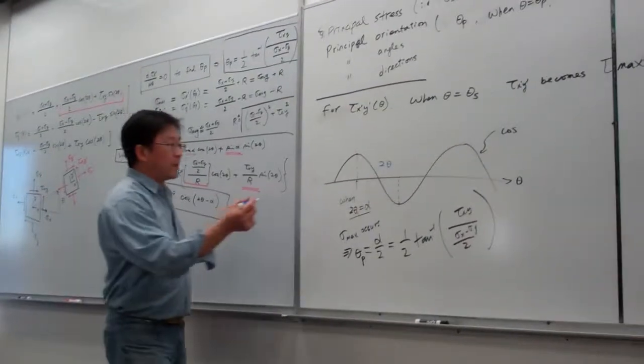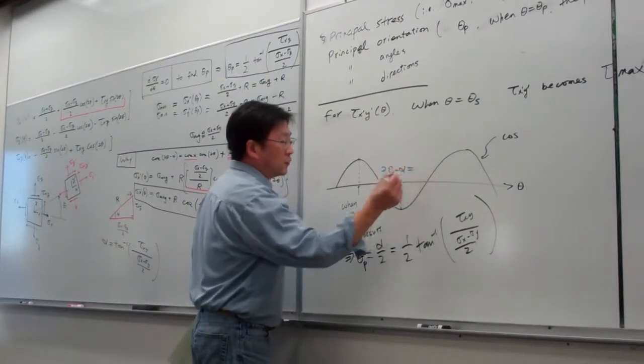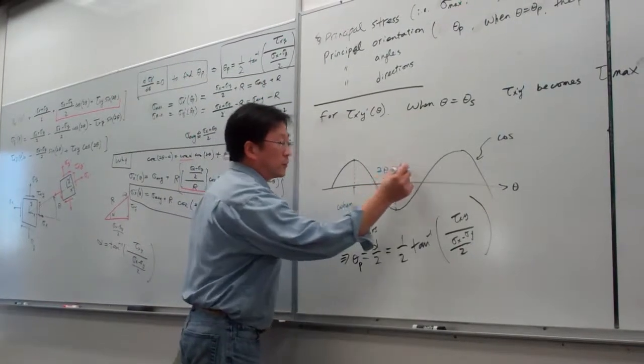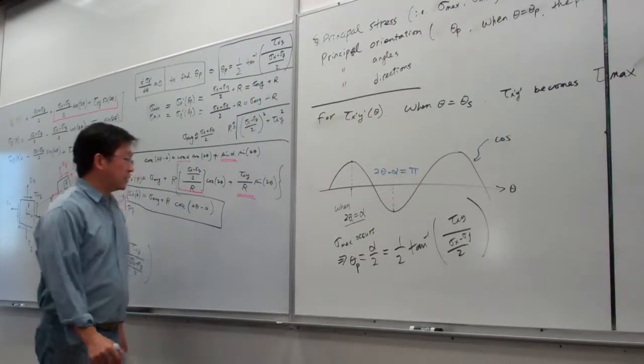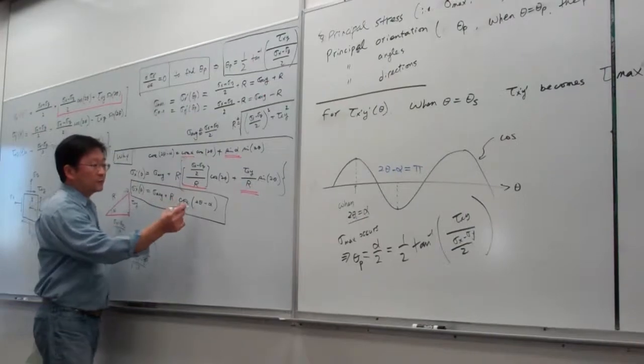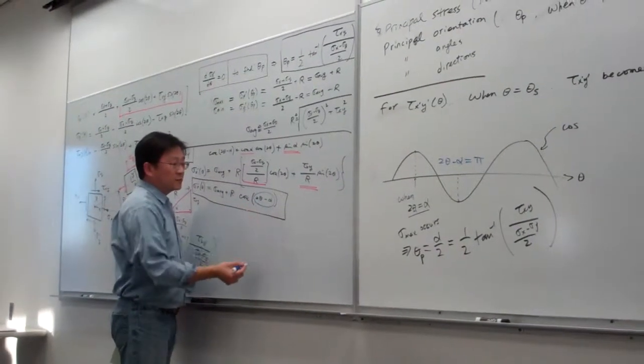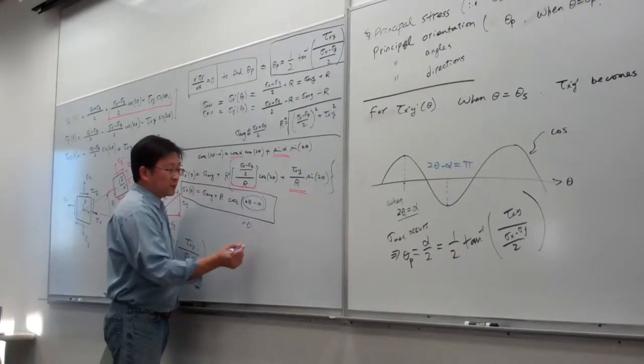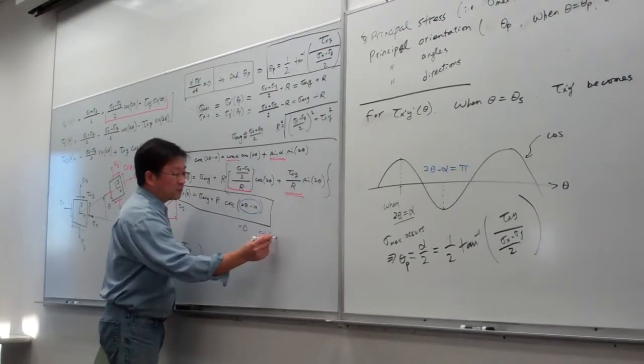When 2 theta minus alpha equals, for example, pi, that means if we want to get the minimum value, then we simply make this argument equal to 0, then cosine 0 equals 1.